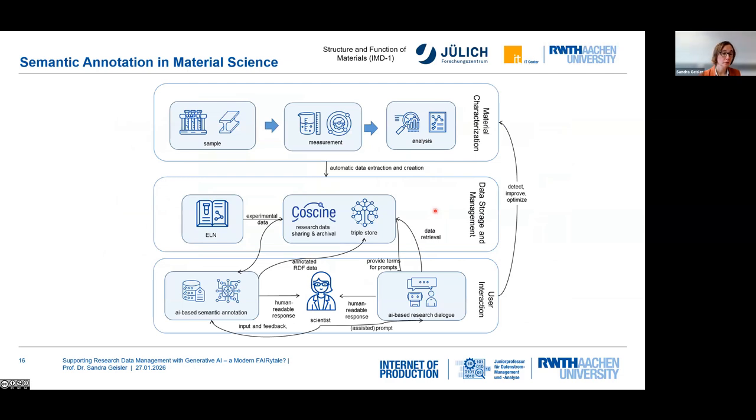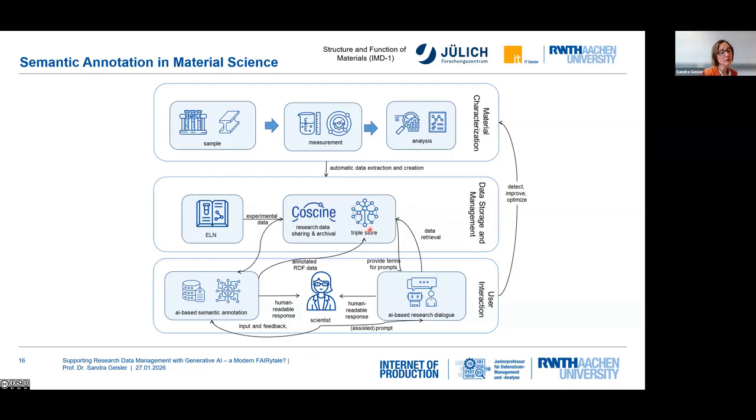Another project from a different domain is in material science, where we utilize material characterization data and use the experimental data created in material characterization, which we then also semantically annotate and see the different problems we are facing in that discipline.